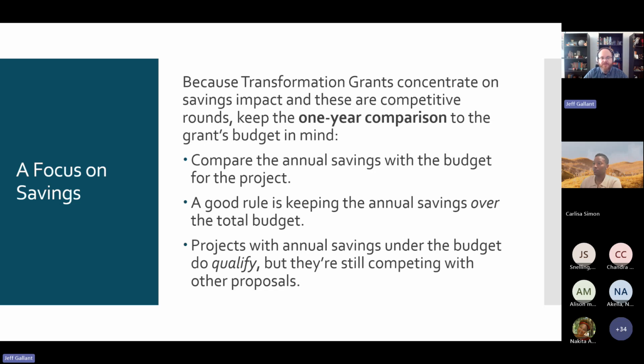So be sure to compare how much you're saving students per year, your estimate, with the budget for the project. It's a good 1-year measure of exactly where the social return on investment, the amount of impact you're making, is based on the amount of funding that you're getting for that 1 year.